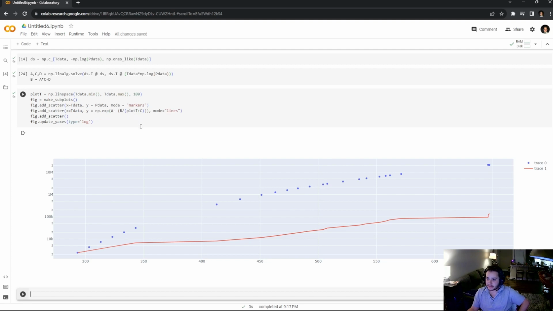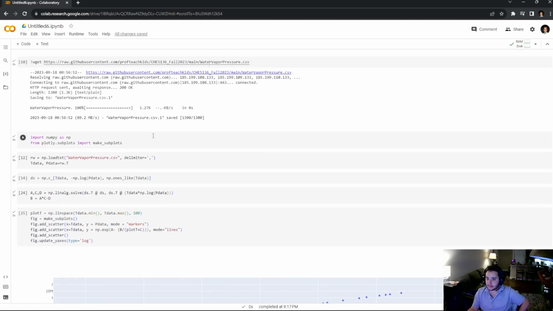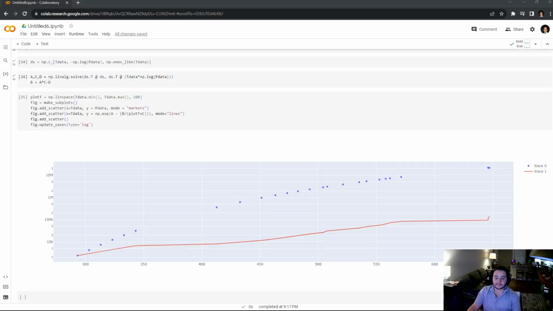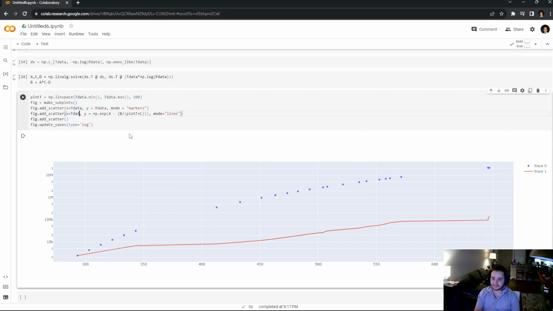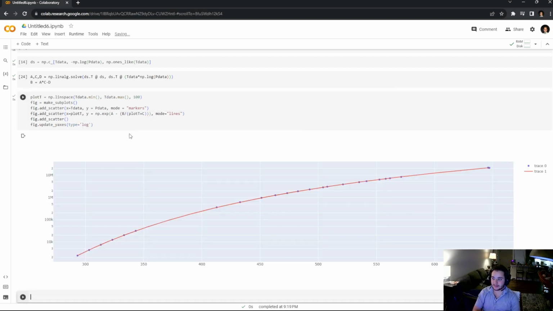That's correct. Where's my data bad? Be right back. I found my issue is that this needs to be the plot T. There it is. That's our data.